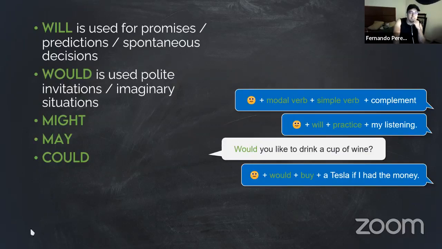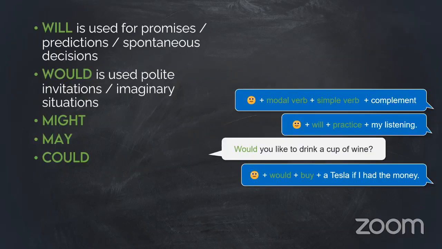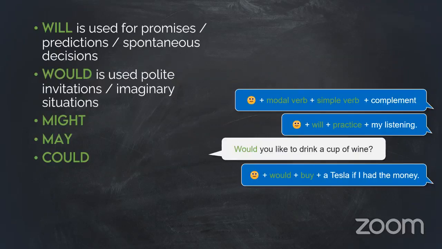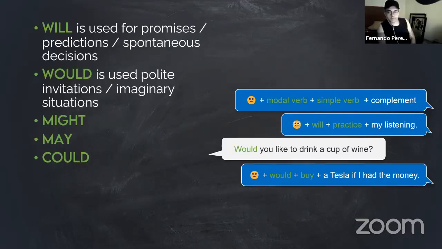Do you understand the imaginary situation? Yes, teacher. Give me an example of an imaginary situation. Let's go with Jessie. What would you do in this moment with a lot of money? I would like to buy a big house. Well, okay. Actually, the word would like is a wish.